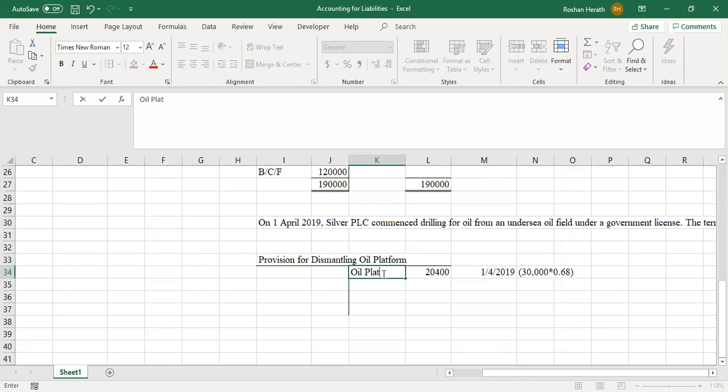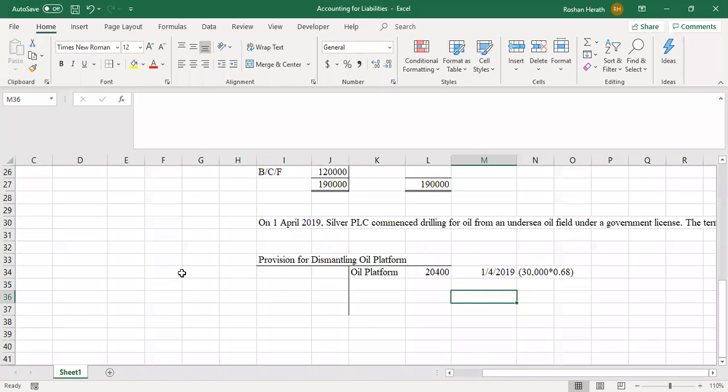Can you remember when we discussed accounting for property, plant and equipment, the cost of an item of PP has three types of cost. The first one is the purchase price. The second is the directly attributable cost, the cost of bringing the asset to the current location and condition. The third one is the cost of dismantling and restoring the site on which the asset is located.